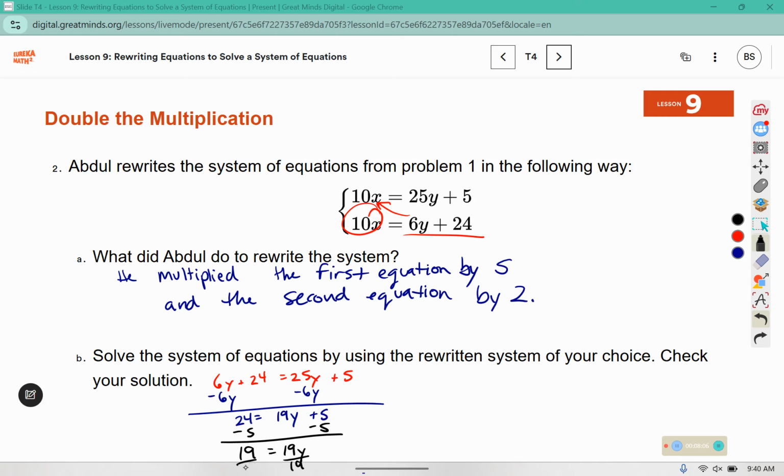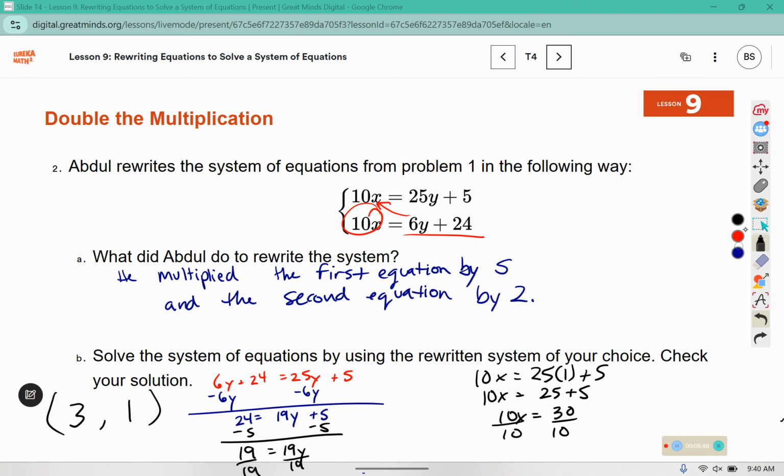Divide by 19. And we get y equals 1. Then we replace the y value in one of these equations with 1. 25 plus 5 is 30. Divide both sides by 10, and we get x equals 3.